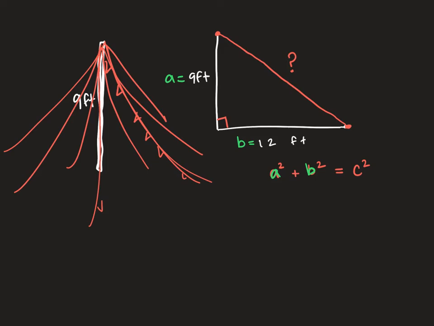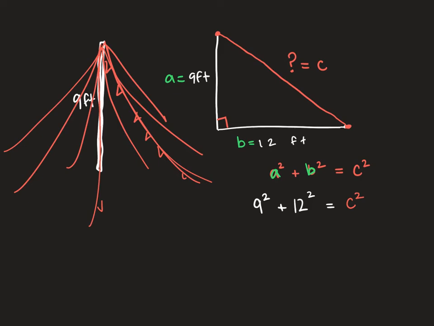And from here, it is a simple task of plugging in our numbers. So instead of a squared, we're going to write 9 squared. Instead of b squared, we're going to write 12 squared. And on the other side, we still don't know how long our garland needs to be, or the minimum its length could be, so we'll leave it as c squared.